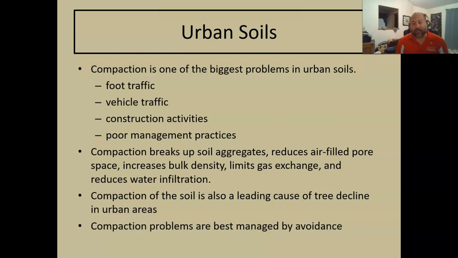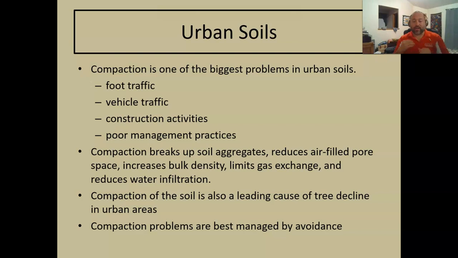Why is compaction problematic? Compaction breaks up those soil aggregates. Instead of having a piece of soil, a piece of soil, and a piece of soil, with a macropore and tiny micropores, everything just gets pushed into one big thing.